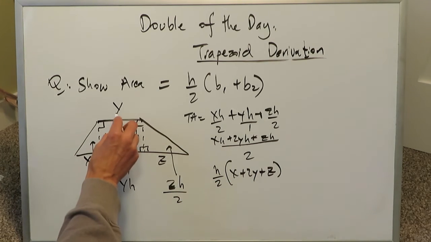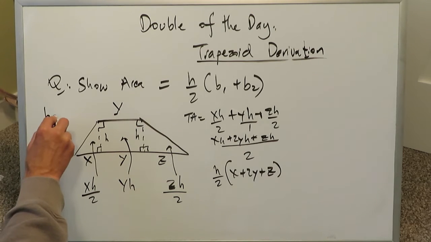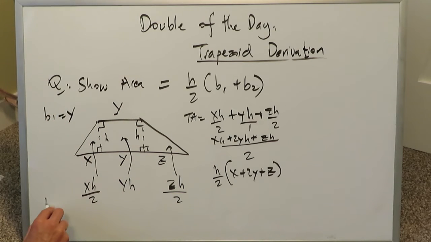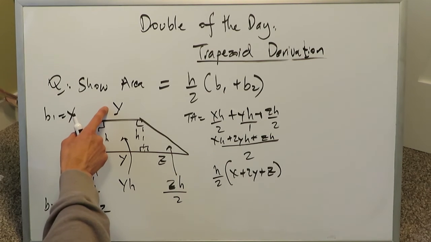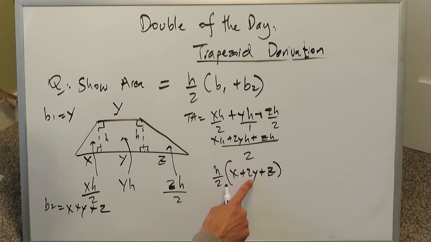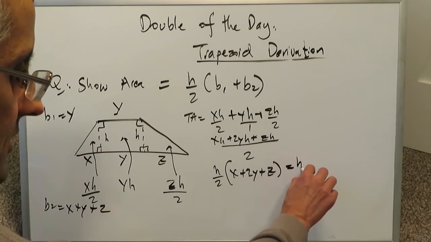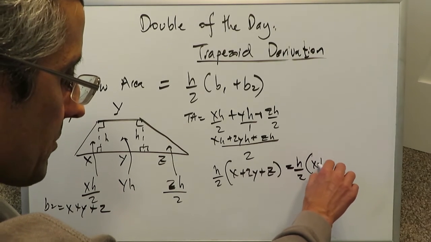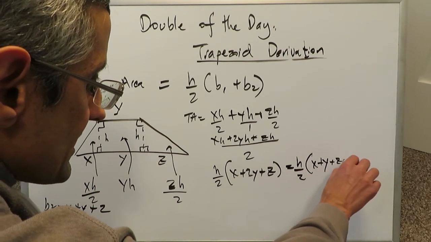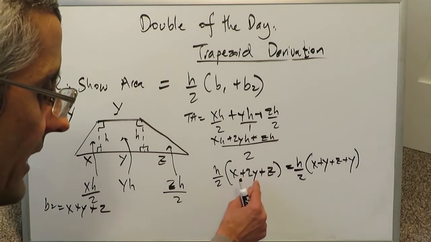Now let's do some substitutions. Let B1 equal Y. Let B2 equal all of this, which is made of X plus Y plus Z. I'm seeing a B1 over here and a 2Y, so I can rewrite this as H over 2 times X plus Y plus Z plus Y, because I have 2 y's.